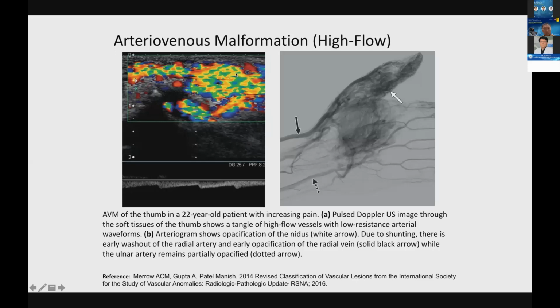And with the Doppler also, we can see the site of the shunting with a very low resistance, high flow spectrum, and this is angiography of the AVM.